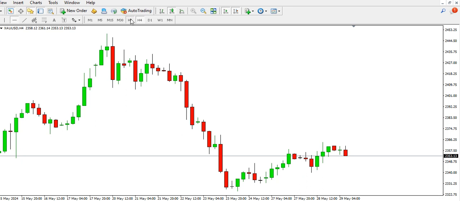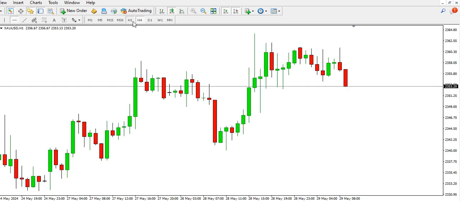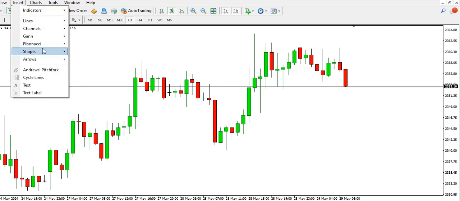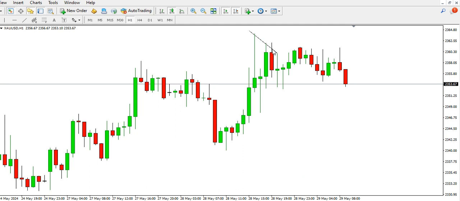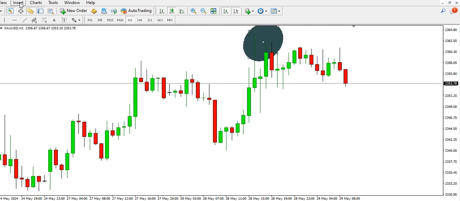What do we have? On the 1-hour time frame, we can see like a triple top, like head and shoulders. Let's say this is the first top. All right, this is our second top.